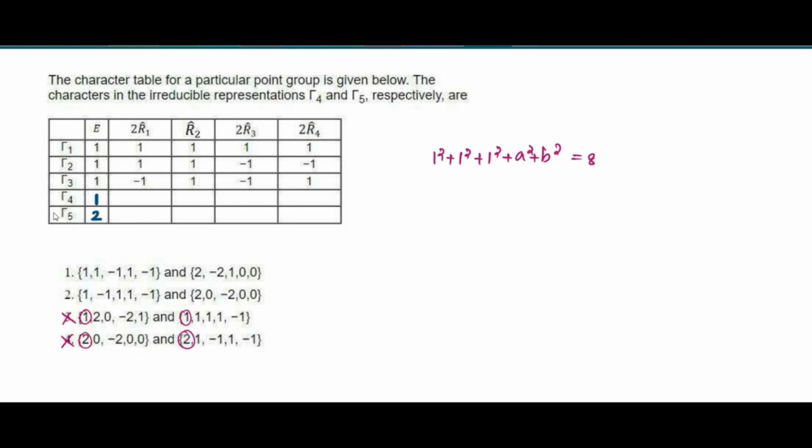Look at this, this thing is the same. No, it's not the same. Is it option A or B?